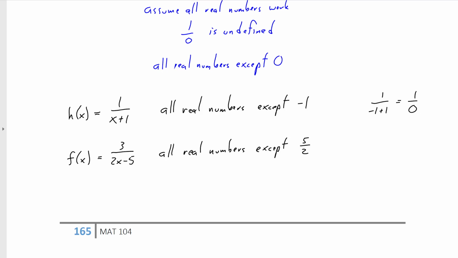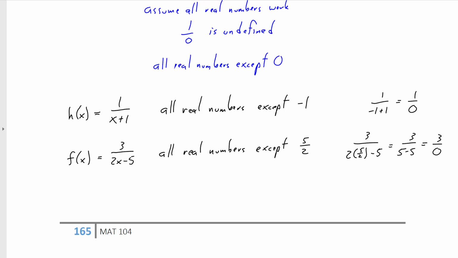And that's because if we look at 3 over 2 times 5/2 minus 5, we'll end up with 3 over 5 minus 5, or 3 over 0. So 5 halves is the number that makes the bottom 0. It causes us to attempt to divide by 0, which we can't do. It's undefined. So we have to make sure that number is excluded from our domain. We say all real numbers except 5 halves.